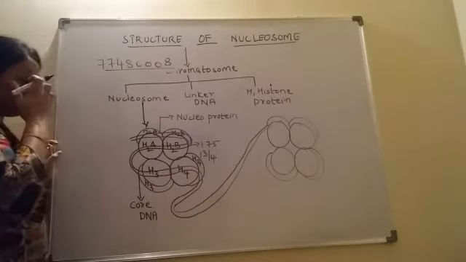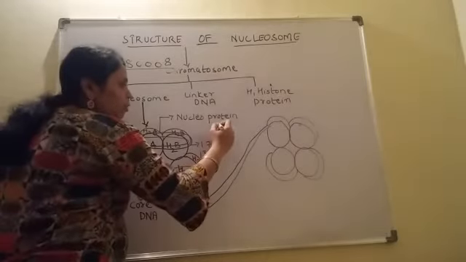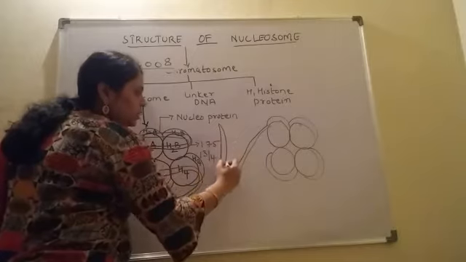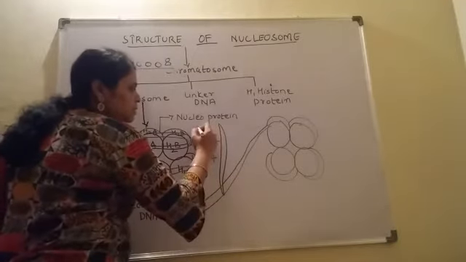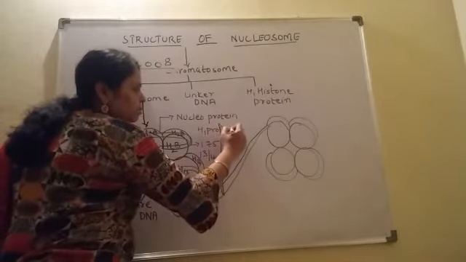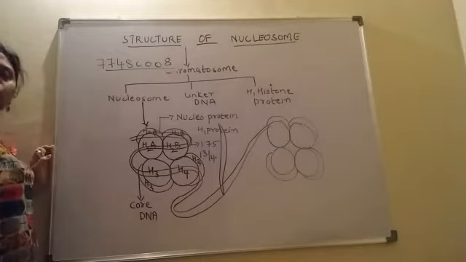Now, this octamer is going to be connected by one more protein present outside the octamer. This is called H1 protein. This H1 protein will act as a clamp to hold the octamer.